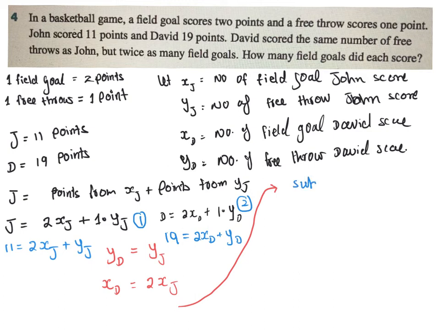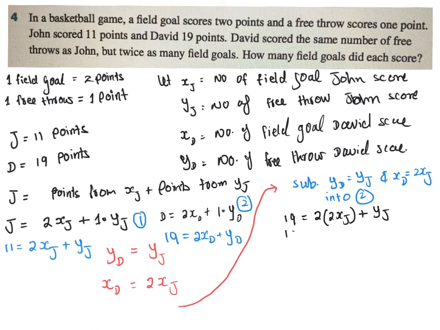So if I substitute yd equals yj and xd equals 2xj into the second equation, then I will get 19 equals 2 times 2xj plus yj, which simplifies to 19 equals 4xj plus yj.